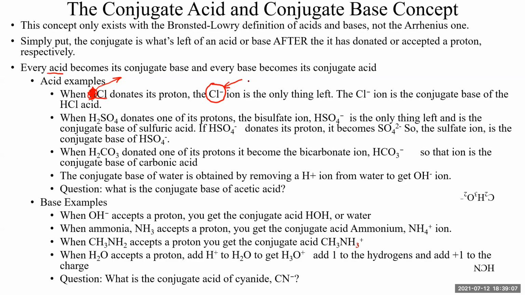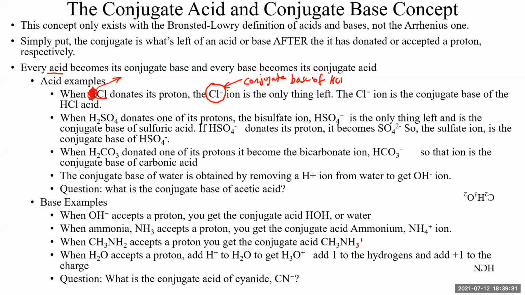We would say that this is the conjugate base of HCl. It's what's left after the proton has been donated away. After the proton has left the acid, whatever remains behind is the conjugate base.